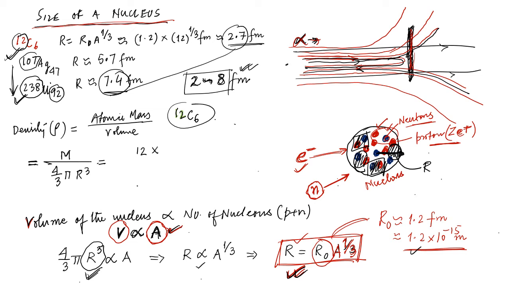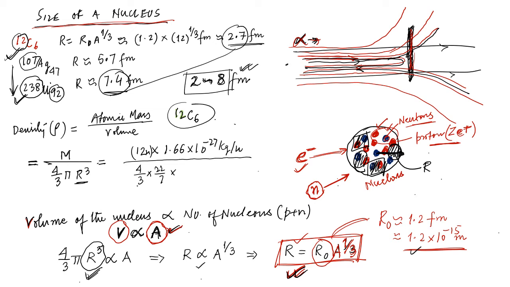One atomic mass unit is 1.66 into 10 to the power minus 27 kilogram per u, and 12 u is there. Then we have 4 by 3 into 22 by 7 into r cube.